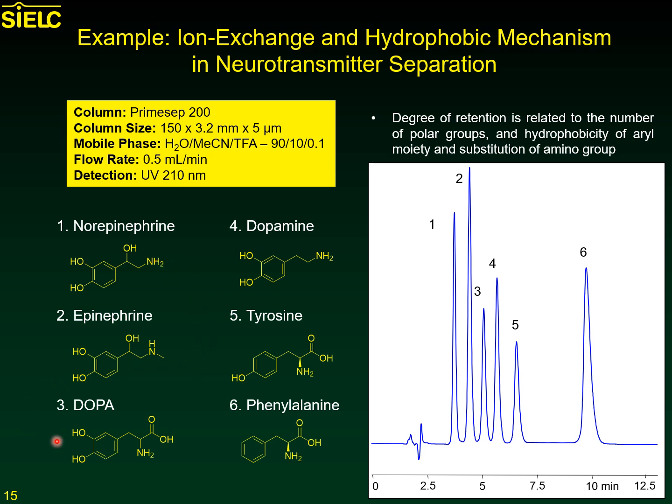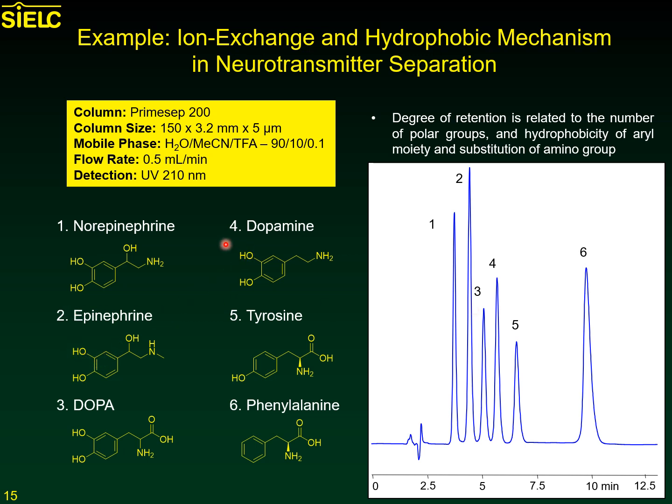Moving on to the compound dopa. Even though the amino group is once again monosubstituted, one of the three hydroxyl groups has been moved from the benzylic site and is now part of a carboxylic acid. This relocation of the hydroxyl group makes it such that dopa retains longer on the column than either norepinephrine or epinephrine.